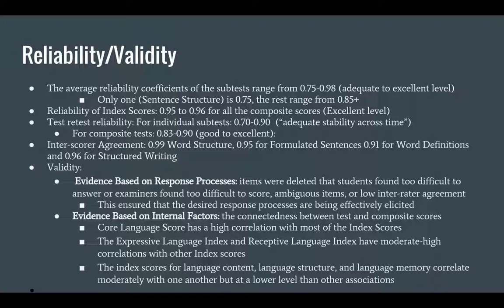Regarding the evidence based on internal structure, the connectedness between tests and composite scores: the core language score had a high correlation with most of the index scores. The expressive language index and receptive language index have moderate to high correlations with other index scores. And the index scores for language content, language structure, and language memory correlate moderately with one another, but still at a lower level than other associations.